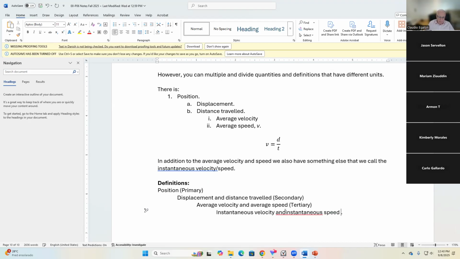Okay, and that would be quaternary, right? Quaternary. So let's look how we can define instantaneous velocity, instantaneous speed.